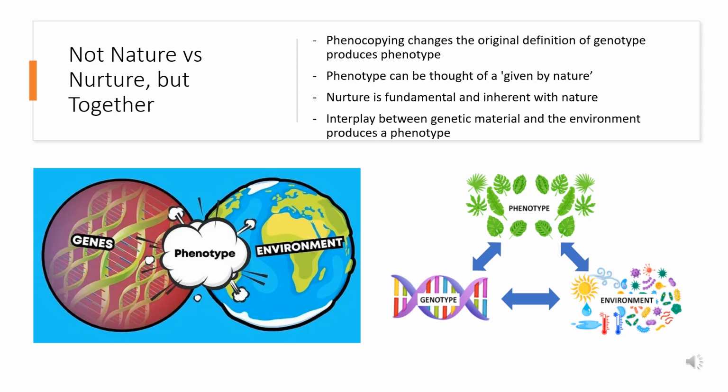And the nurture part of it is fundamental and inherent with the nature. So there's an interplay between the genetic material and the environment, which produces a phenotype. No longer are they separate entities, nurture separate from nature, or genotype separate from phenotype, but they are connected.